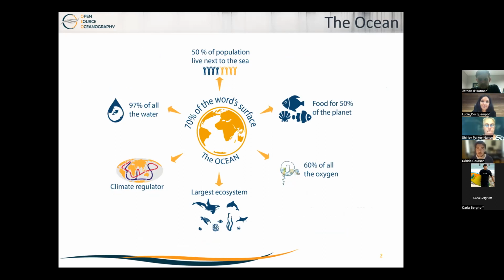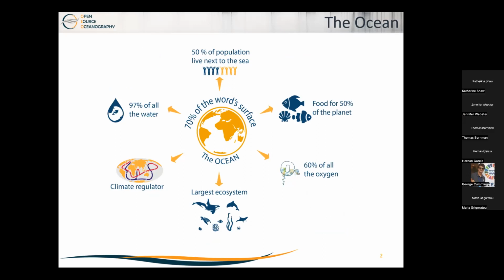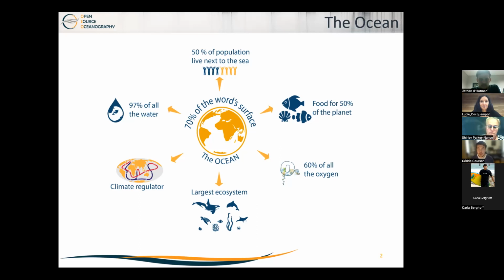Because people live near the ocean, it is very important to know the ocean and to anticipate its evolution, particularly with climate change. In my research, I am working on opportunities and a participatory action research program for a frugal oceanography.